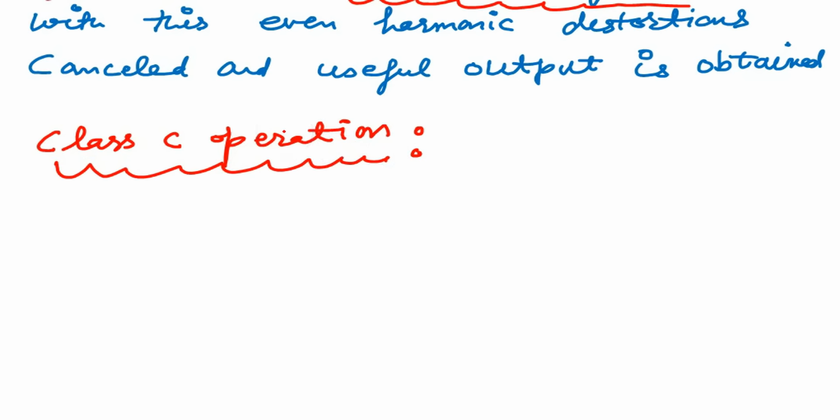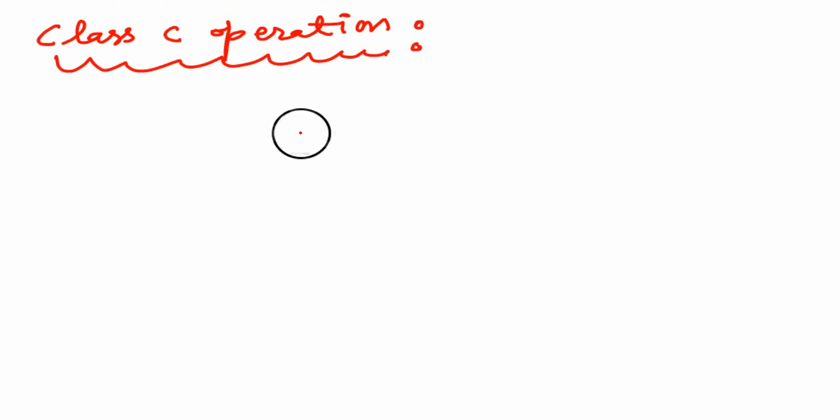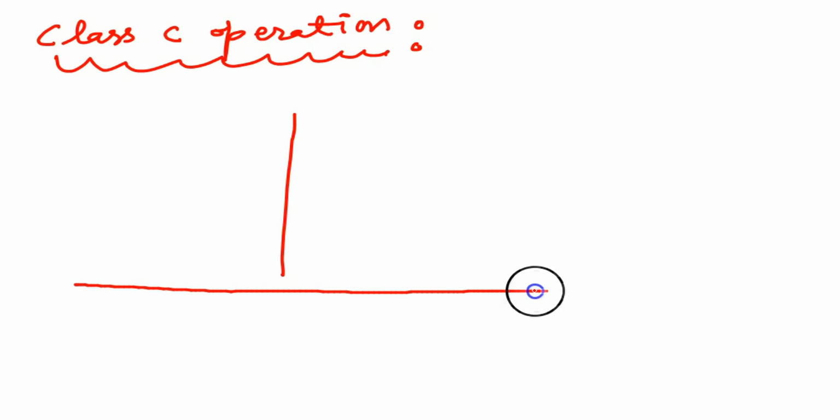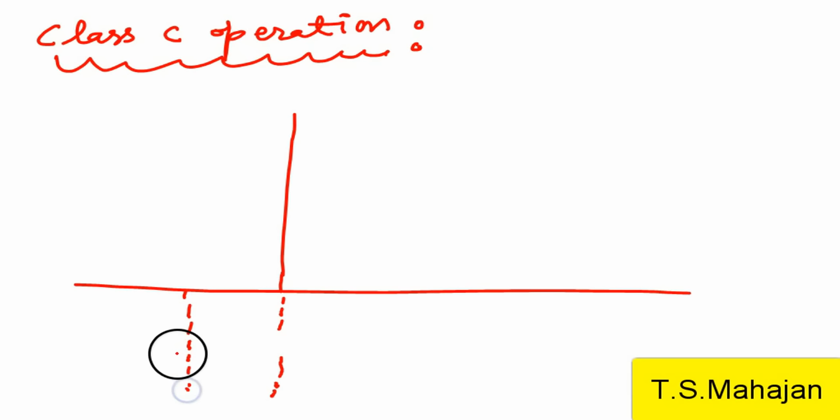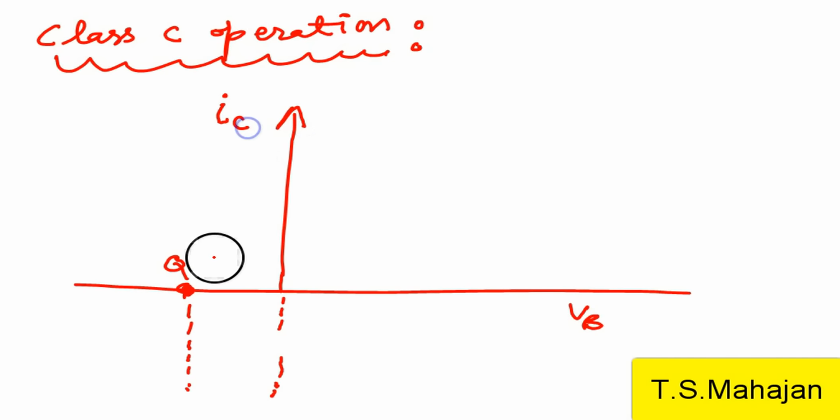Now we are coming to the class C operation. Here the Q point is far away from the cutoff. Base voltage and collector current. The input signal is again varying like this.